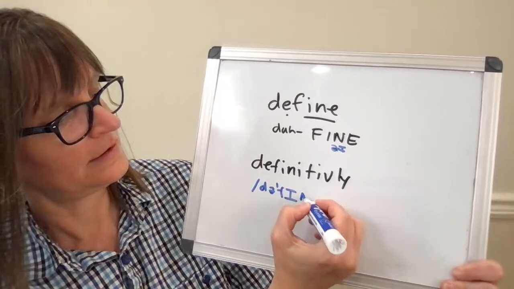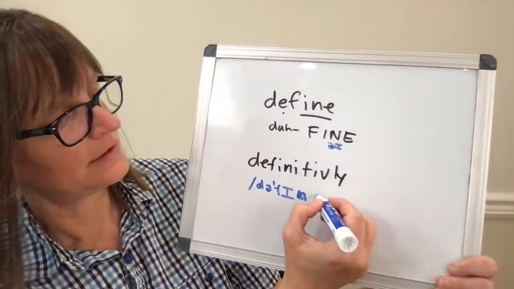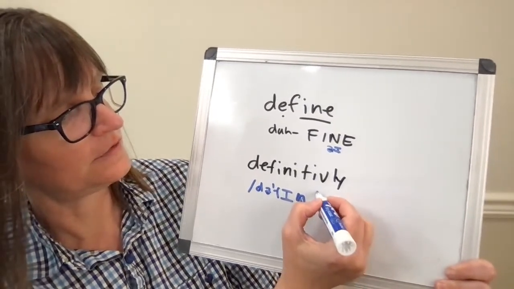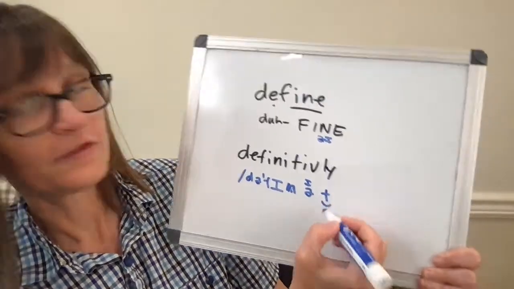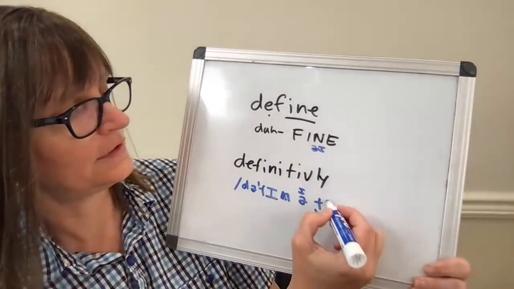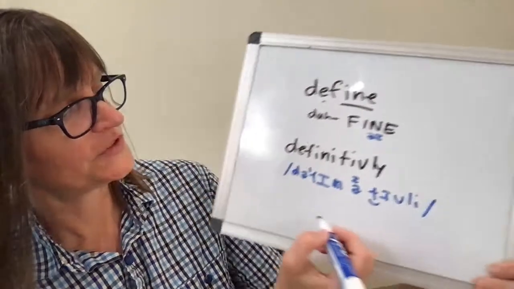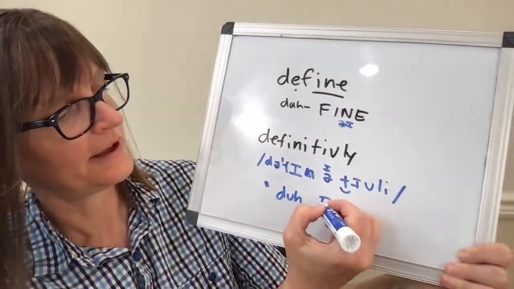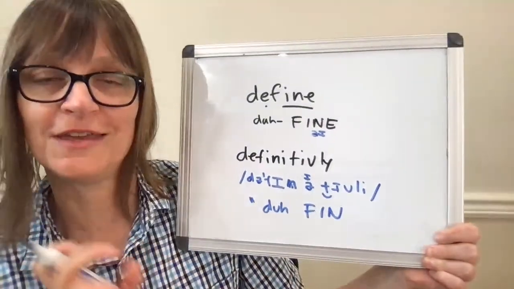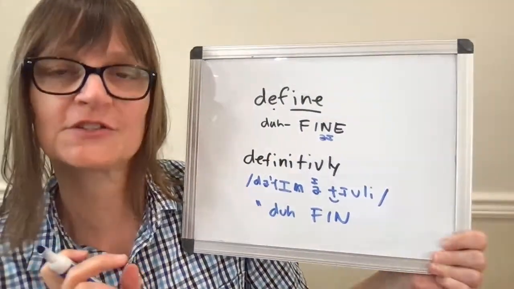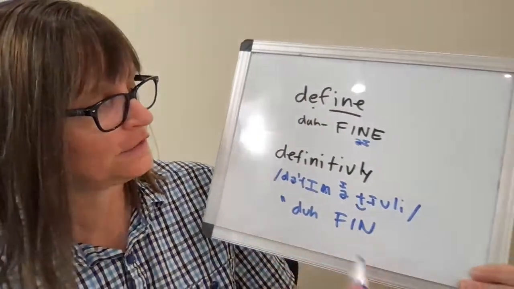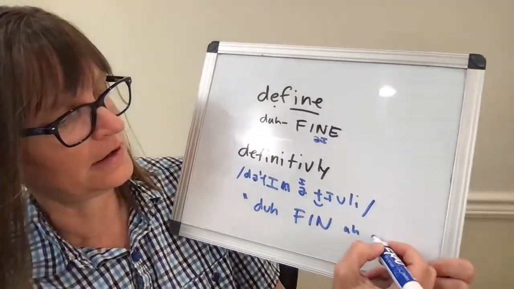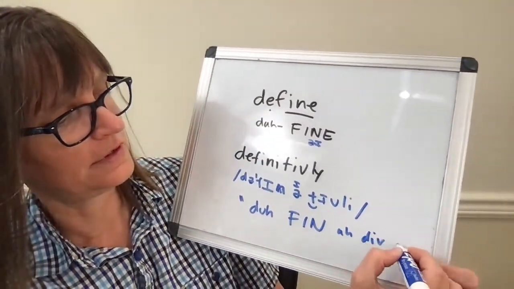Defin, or I, flap T, definitively. So rewriting that, I would think about duh, and then the word fin with the I vowel, like fix or fish, fin, defin, definitively.